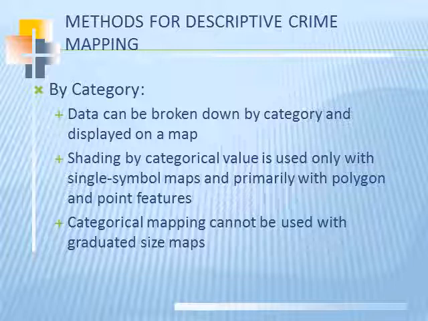Crime analysts use categorical, statistical, and manual methods in displaying data and statistics in graduated size and graduated color maps. In the categorical method, different shading or different symbols are used to represent features, which are points, lines, and polygons, by unique values of a categorical variable.